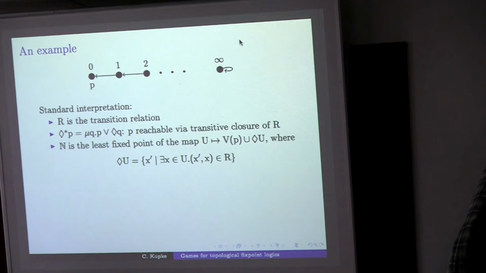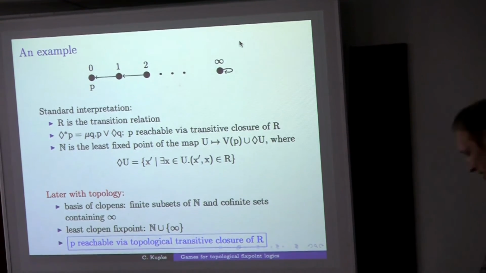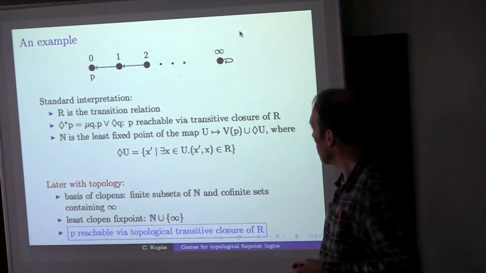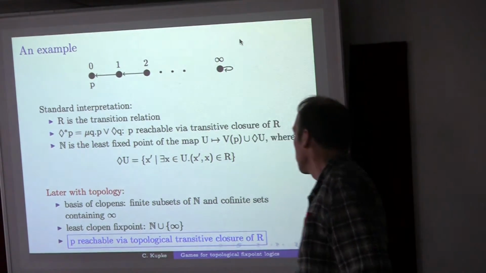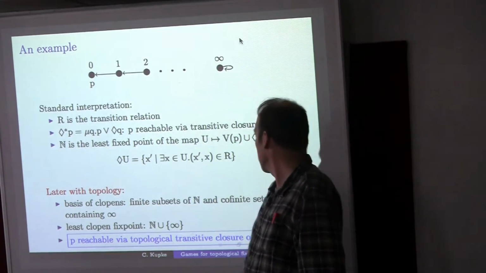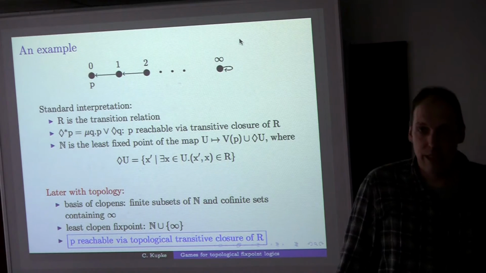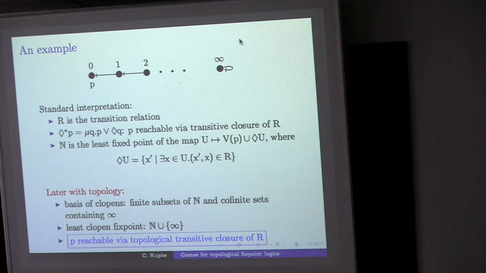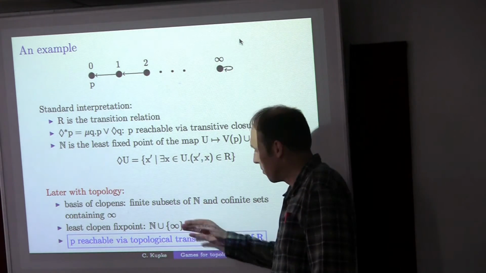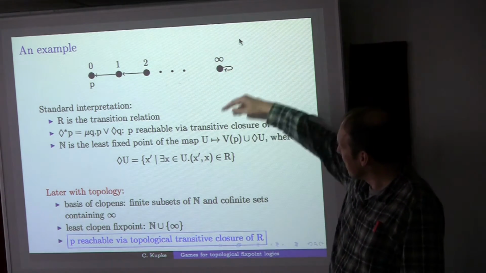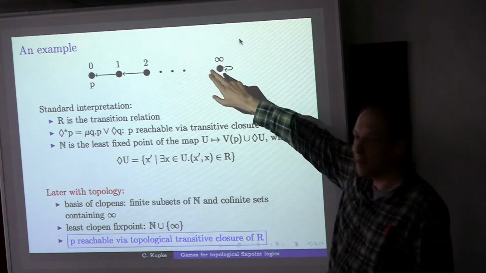Now what we were looking at, and I'm going to motivate this, I hope, is this with the topology, where we have a basis of clopen sets, which are the finite subsets of the naturals, or the cofinite sets containing the infinite point. And then we're not interested in the least fixed point, but in the least clopen fixed point. And in this case, the least clopen fixed point would be just everything together with this point.